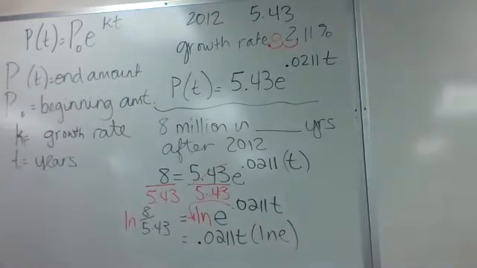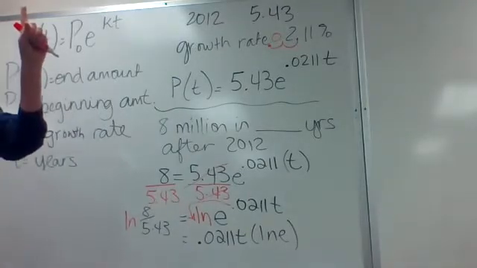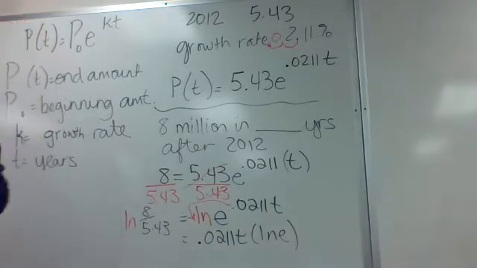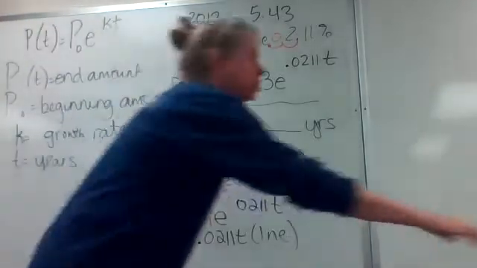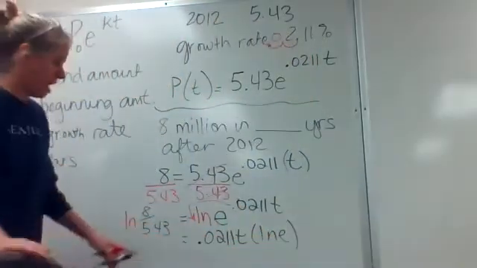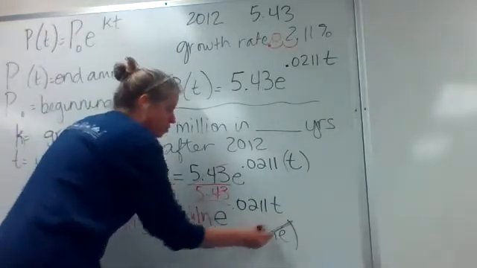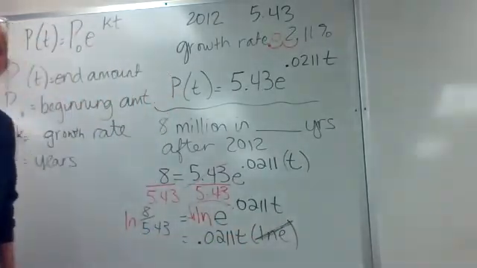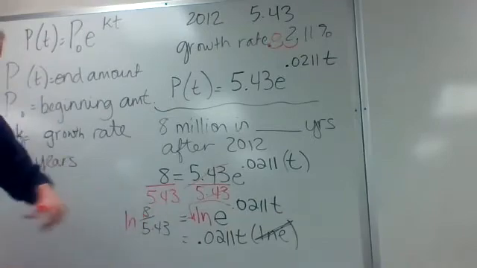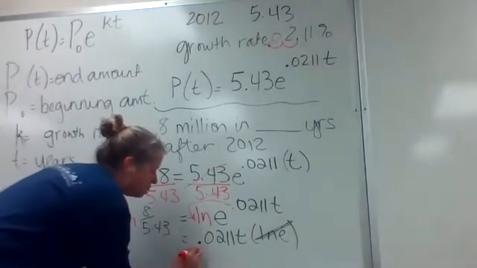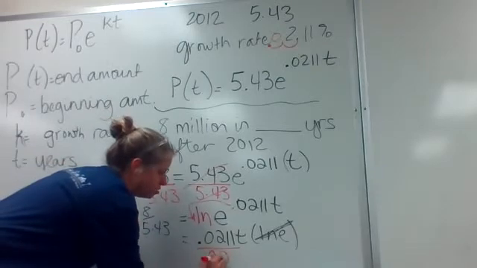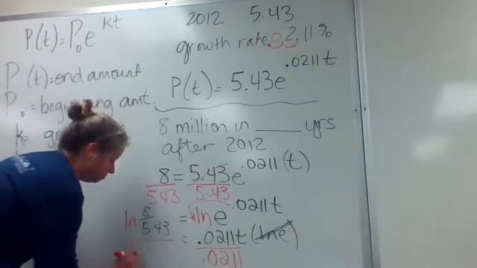But what is ln e? 1, right? Anytime you see ln of e, it is equal to 1. So all I really have over here is 0.0211 t times 1, which means I don't really need that. So how do I get this t by itself? Divide by 0.0211.